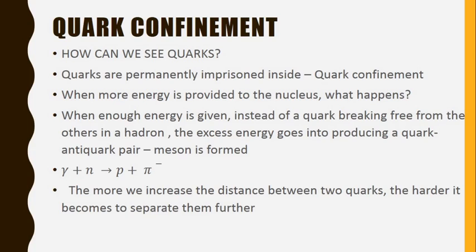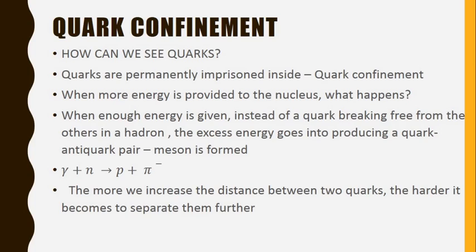When enough energy is given, instead of a quark breaking free from the others in a hadron, the excess energy goes into producing a quark and an antiquark pair. That means a quark-antiquark pair, a meson, is formed.